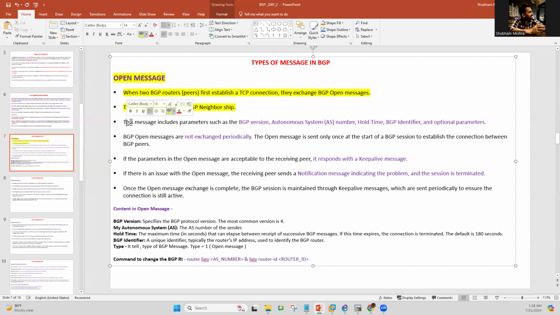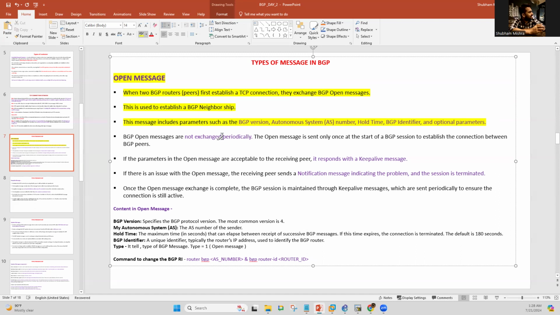So guys, there is multiple content. This message includes parameters such as the BGP version, the AS number, meaning the router's AS number, the hold timer, and the BGP identifier, that is the BGP router ID. So these are the things you will find in open messages.